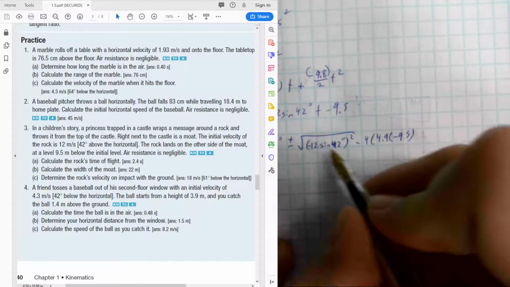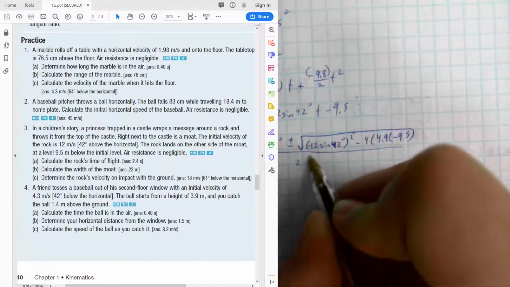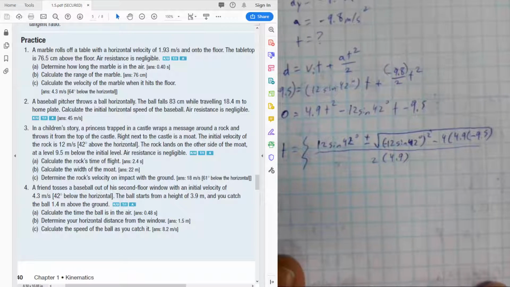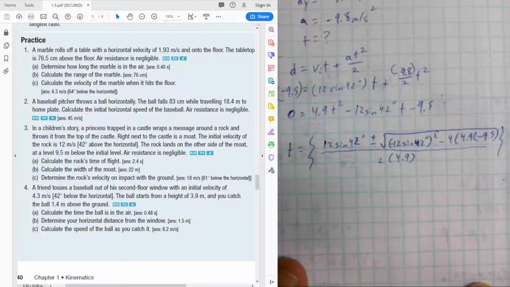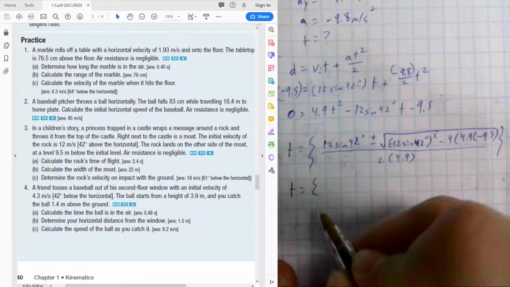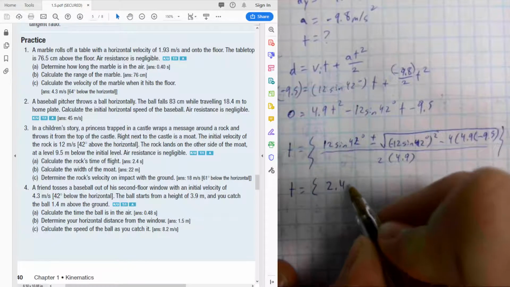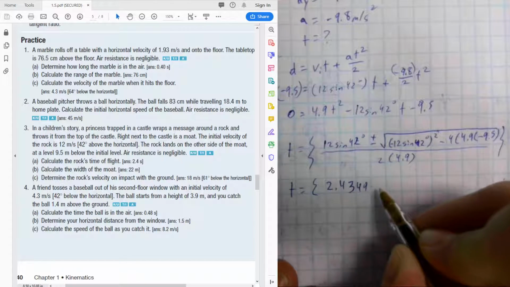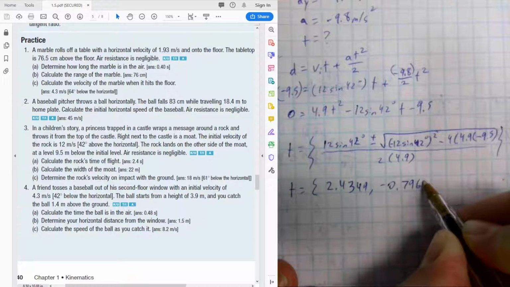Now this should technically be negative, the negative is going to go away. This entire thing divided by 2 times 4.9. That is my set of solutions. Now when you resolve this, you'll end up with two answers. And I'll write a few decimal points afterwards. 2.4349 and negative 0.7962.